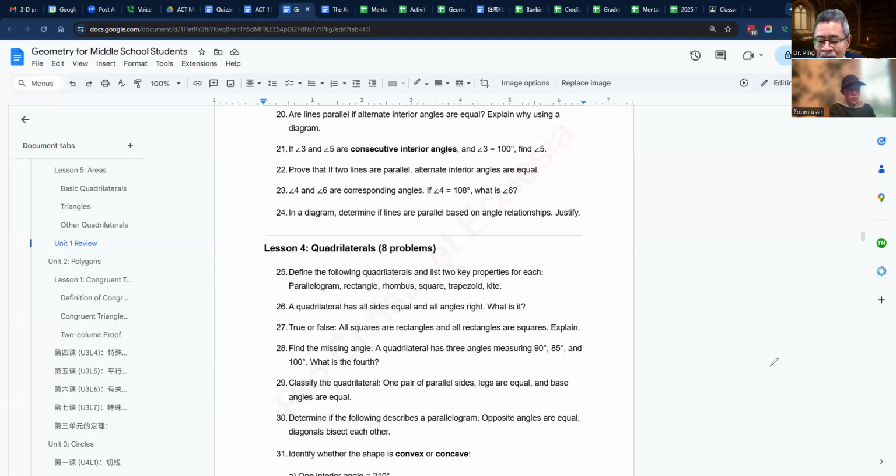Very good. Opposite angles are equal, diagonals are perpendicular. Actually, the definition for a rhombus is that all the sides are congruent. Good. That's the definition. What you said there we call properties.